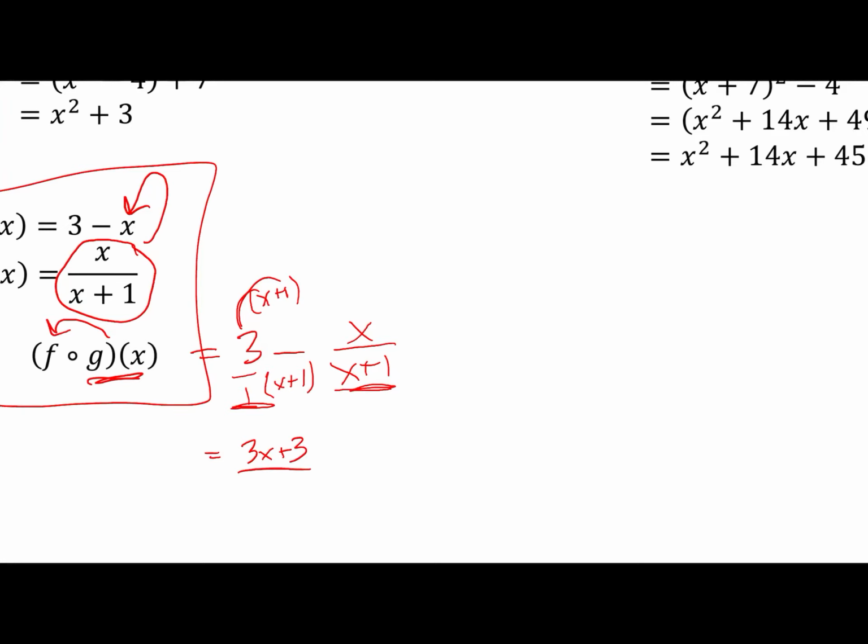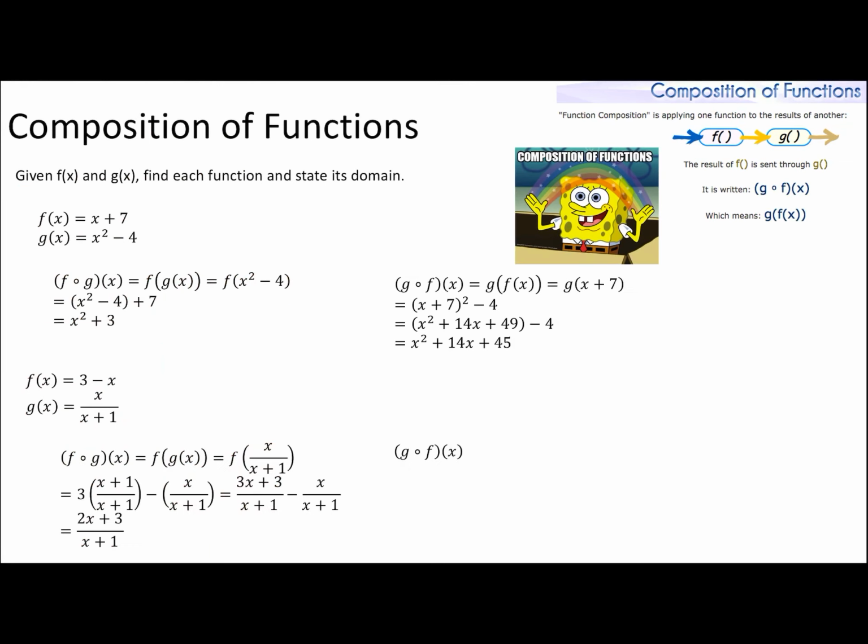So I'm going to distribute that 3 to everything up there, 3x plus 3 over x plus 1 minus x over x plus 1. Okay, now that we have a common denominator, we can combine. So 3x minus x are my like terms, so I come up with 2x plus 3, and my denominator stays the same.